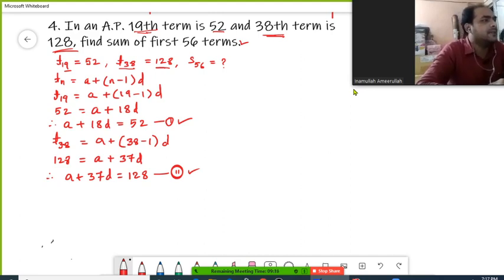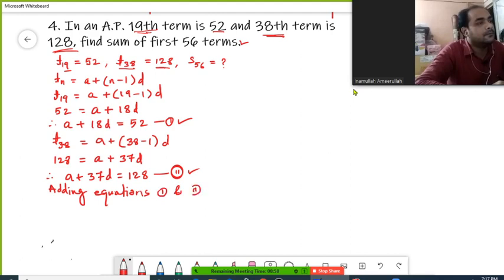For example, I am adding equation 1 and 2. The first equation is A plus 18D equals 52.